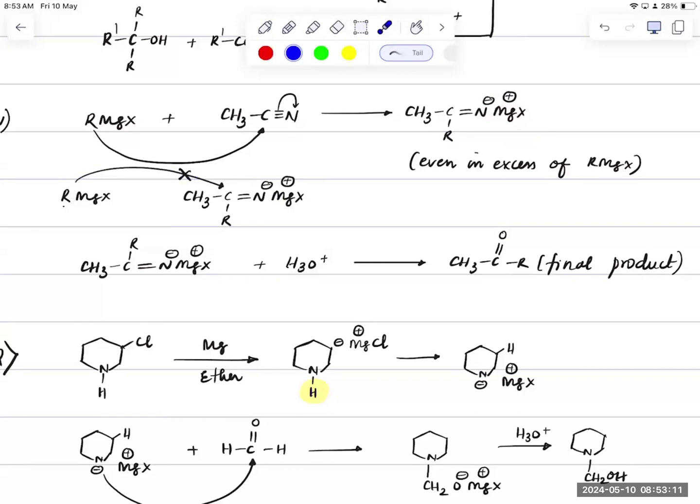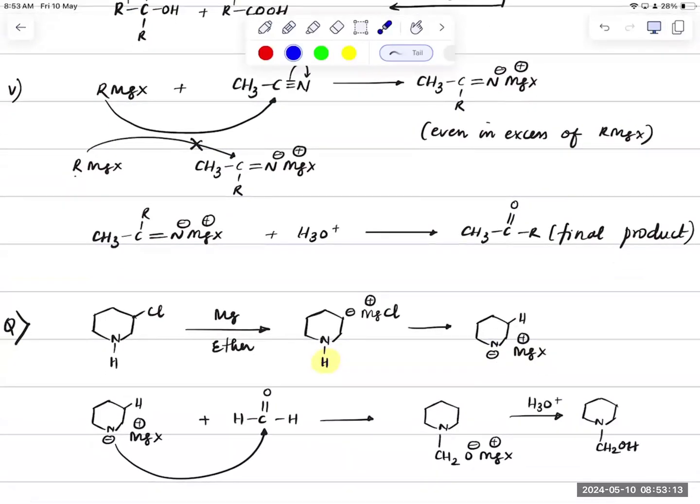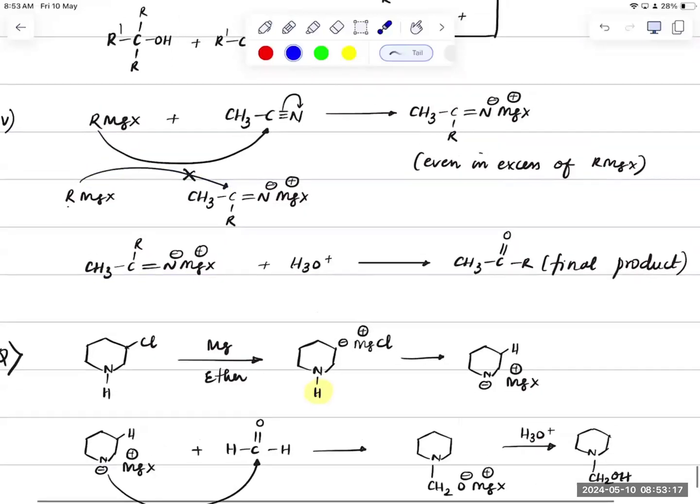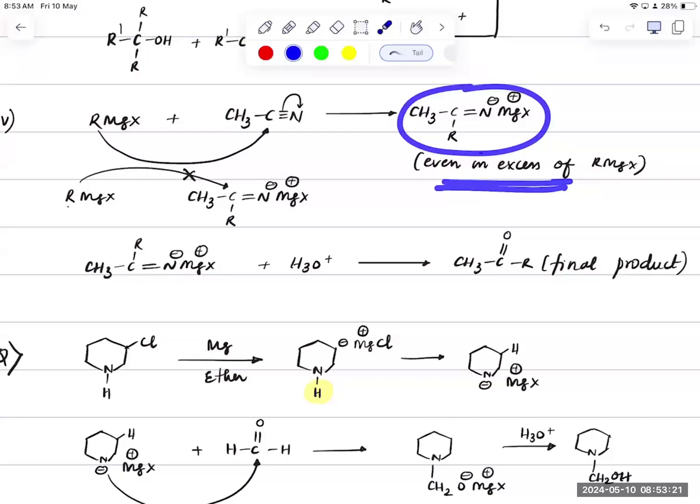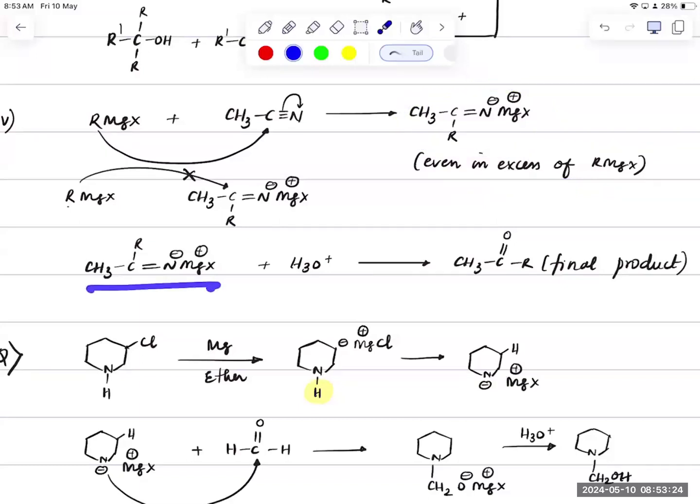Tanuj, clear? Because of which, since the second mole is not possible to react, no matter whatever you do, you will only end up at this molecule, even if you take excess of RMgX. Once you do hydrolysis from here, what is the product you'll get? Ketone. Now you might be wondering, sir, what if I react this ketone once again? My point is, once you do hydrolysis, there is no more RMgX left.